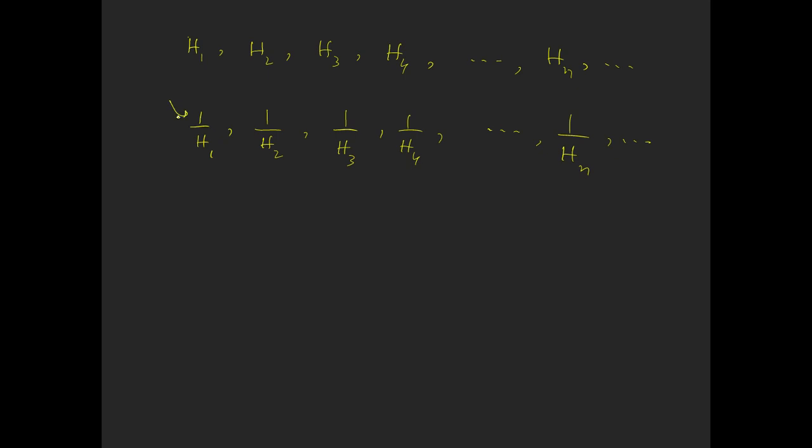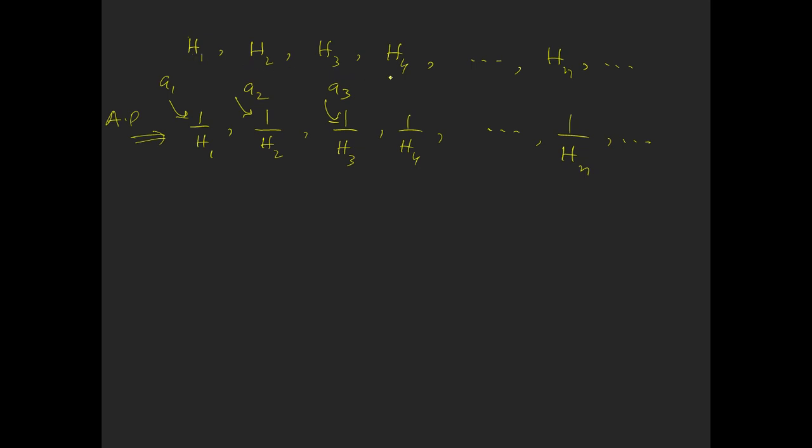So this one is the first term, this one is the second term, and this one is the third term of the arithmetic sequence. So this is the corresponding arithmetic sequence or arithmetic progression.